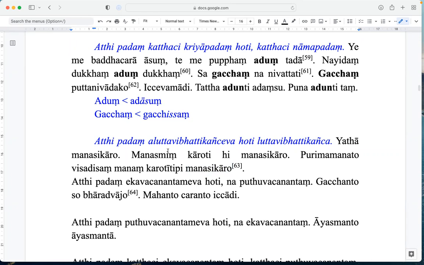So now Manasikaro is very familiar to us, but there is another Manasikaro in the sense of Manankaroti. Let's check the reference number.